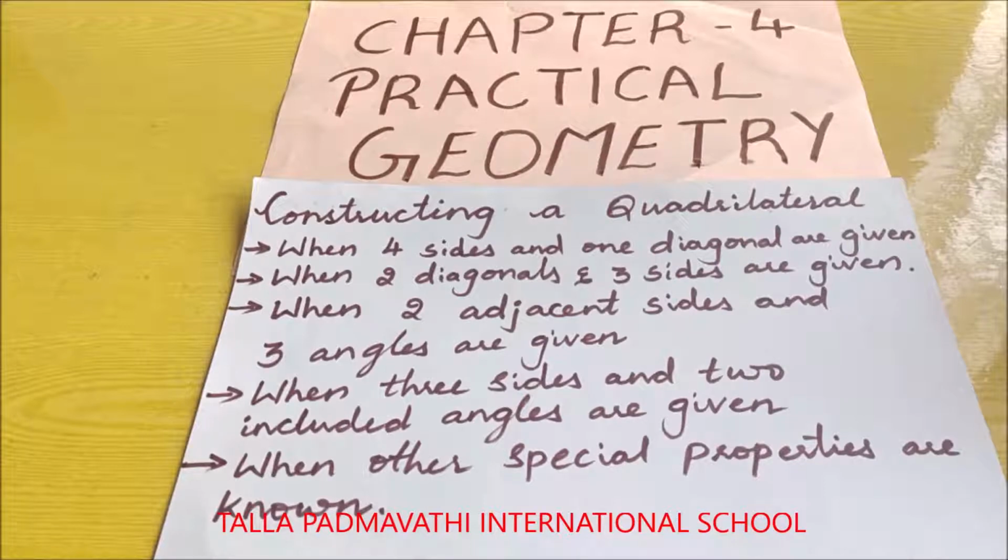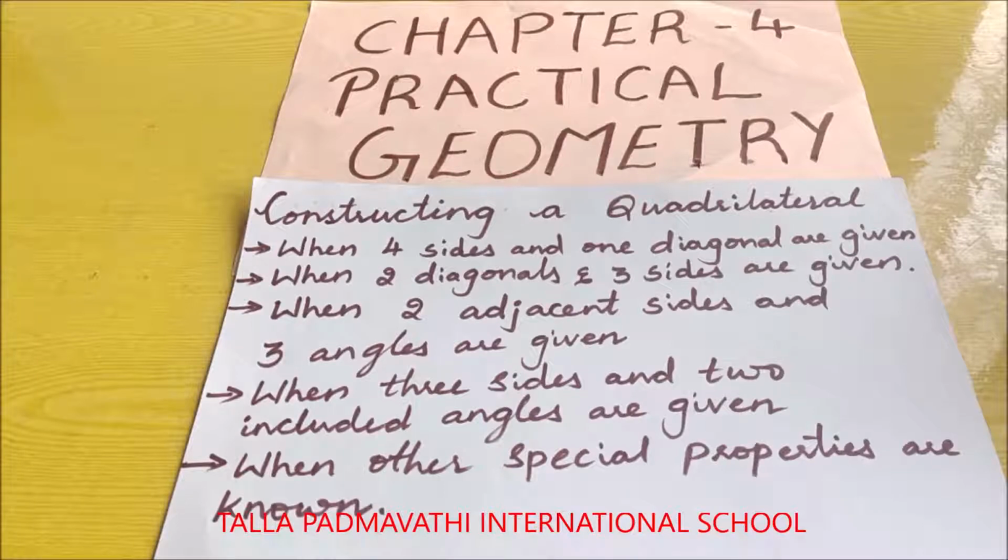So for constructing a quadrilateral, the first one is when 4 sides and 1 diagonal of a quadrilateral is given. And the second one is, children, when 2 diagonals and 3 sides are given. And the third one is when 2 adjacent sides and 3 angles are given.